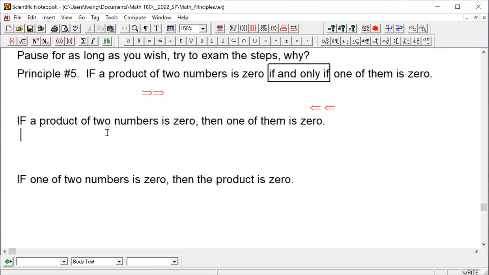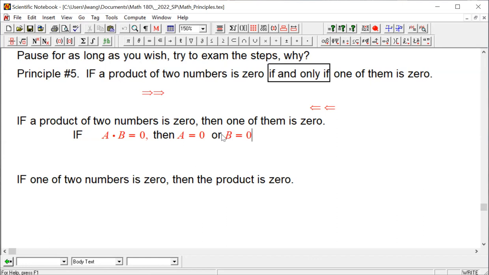In mathematical expression, we say if A times B is 0, then A is 0 or B is 0.